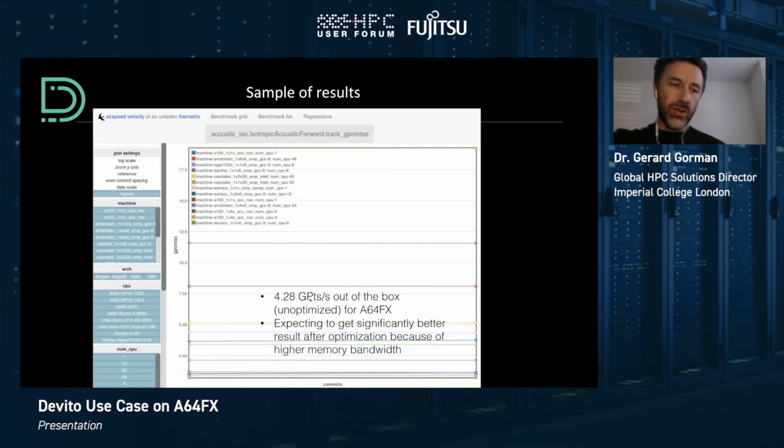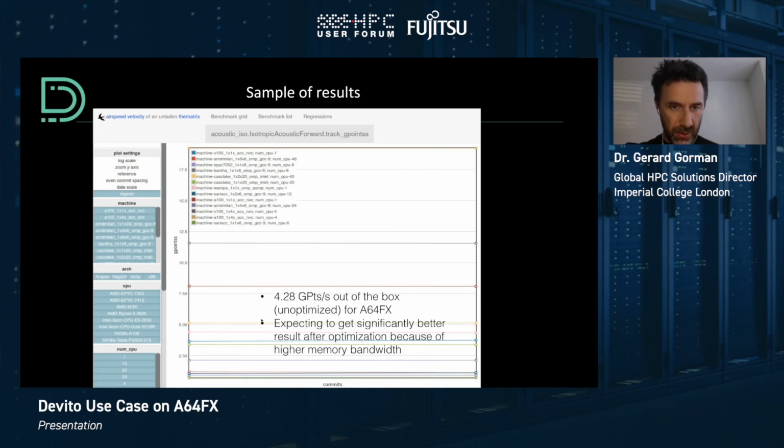But if you measured gigaflops, your gigaflops might be increasing. Because of these types of optimizations, gigaflops is typically the wrong thing to look at for an application. Instead, here we measure the number of gigapoints, so that basically measures how much data we're processing.